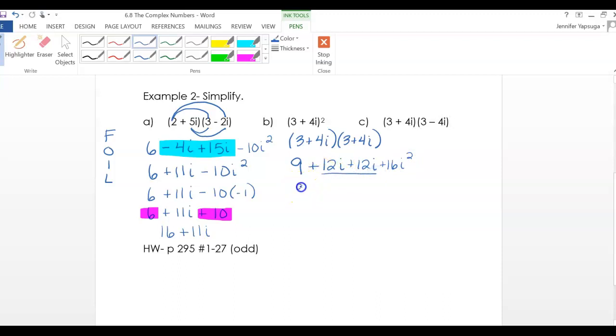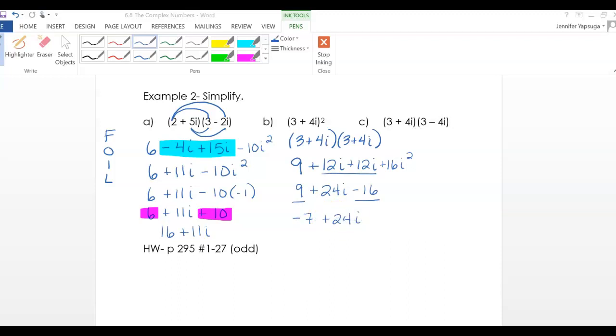This is going to give me 9 plus 24i. And then remember that i squared is negative 1, so that's going to give me a negative 16. Lastly, I'm going to combine my other set of like terms, so that's going to give me an answer of negative 7 plus 24i.